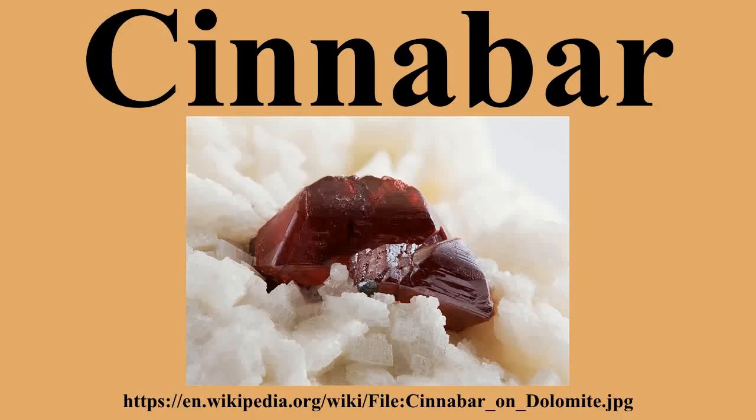Its mean refractive index is 3.08, versus the indices for diamond and the non-mineral gallium arsenide, which are 2.42 and 3.93, respectively. The hardness of cinnabar is 2.0 to 2.5 on the Mohs scale, and its specific gravity is 8.1.